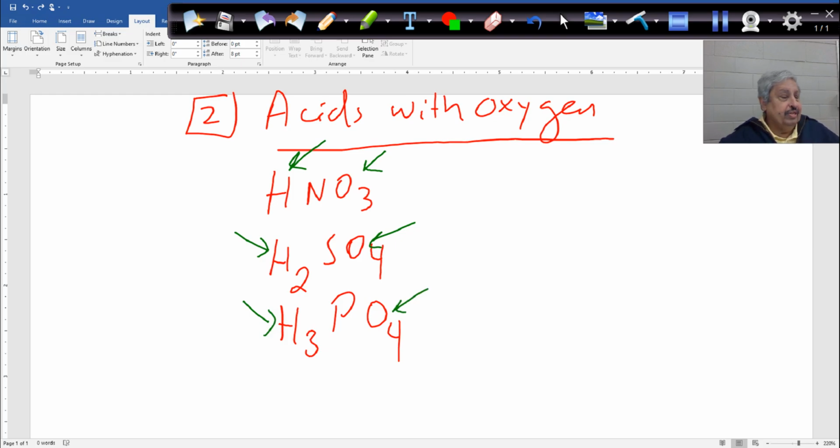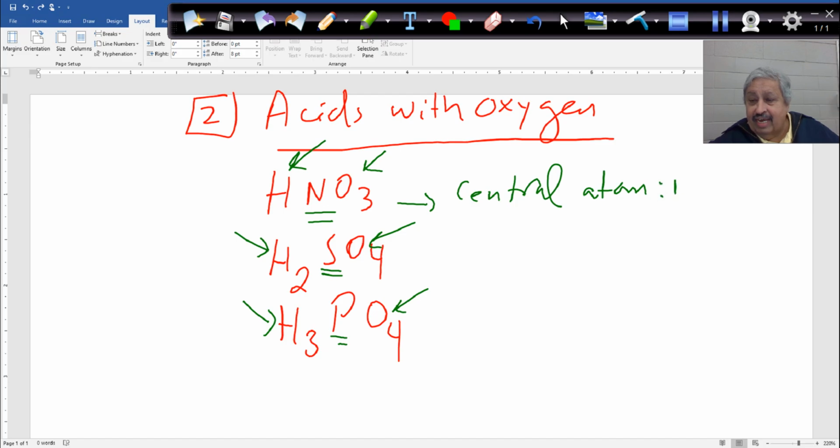So how do we name these? We name them after the central atom. The central atom here is nitrogen. You transform nitrogen to nitric, correct? Take the ending out and add ic acid.